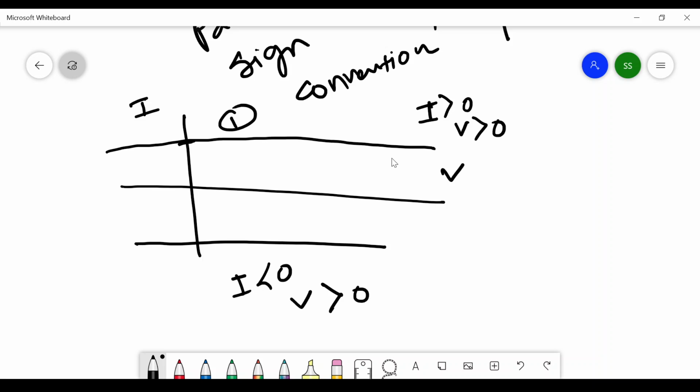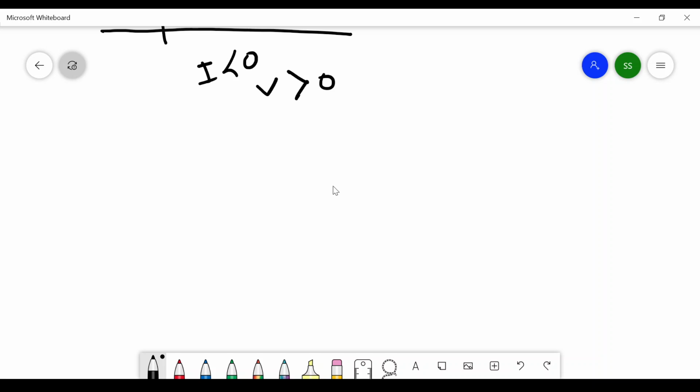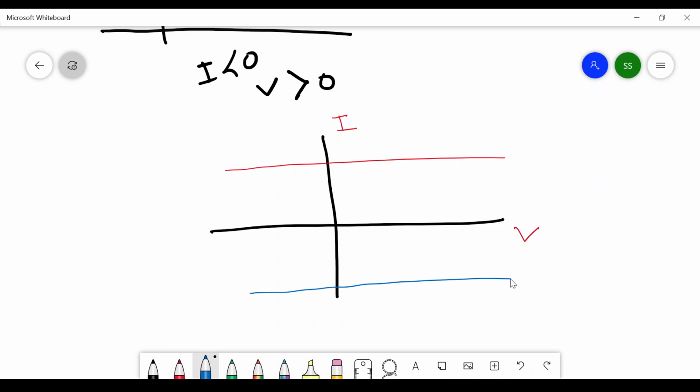So let us draw the four quadrants again, like this. Here it is I, here it is V, and this is minus. So different quadrants are here.